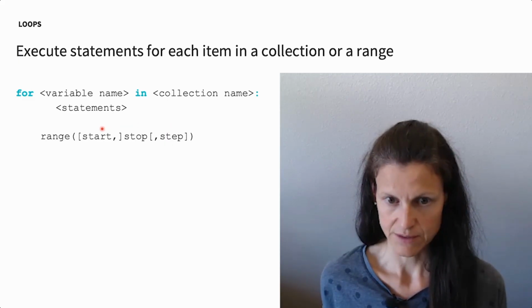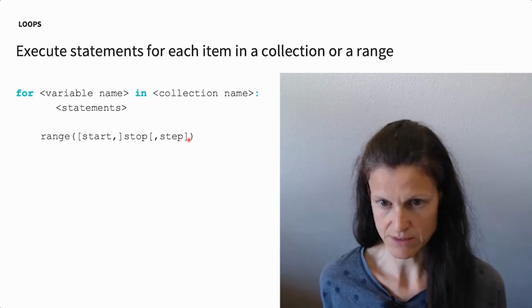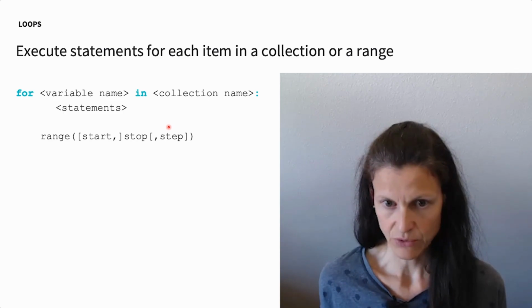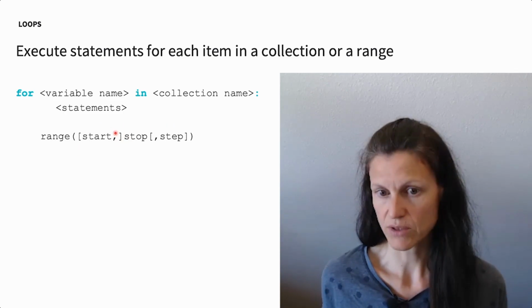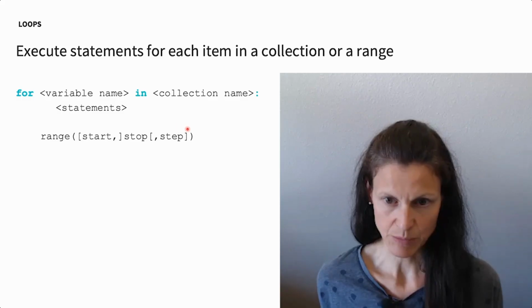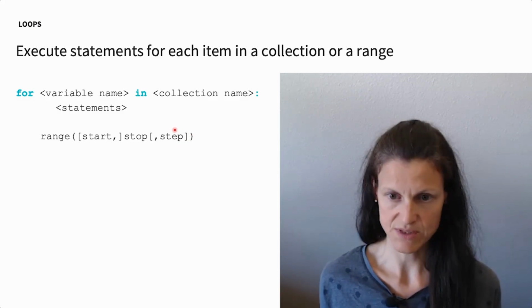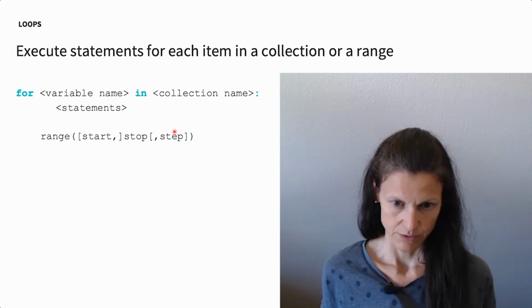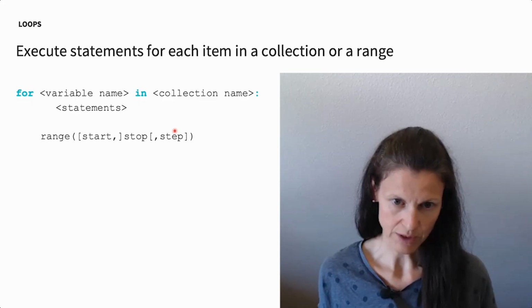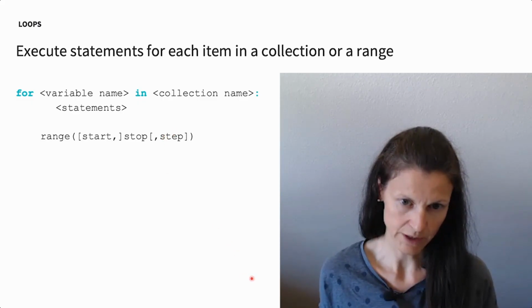Whereas the start is optional and the step size is optional. The start defaults to 0 if it's not given, and the step defaults to 1 if there is no step size given.